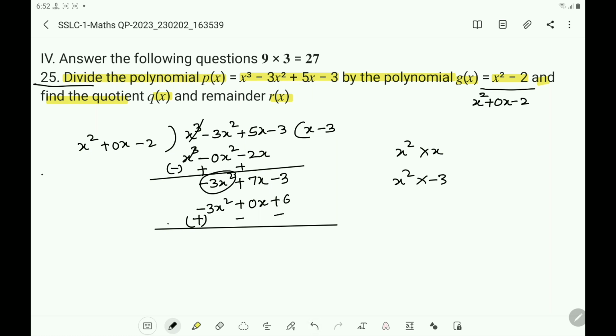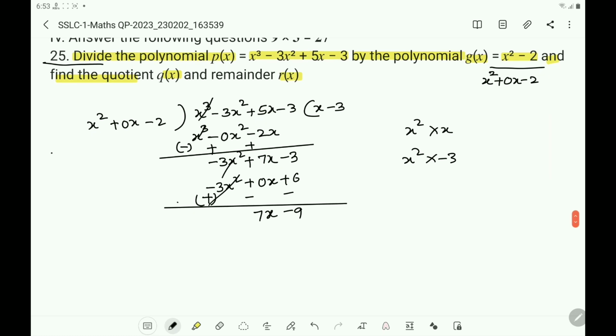Now minus 3x square and plus 3x square cancels. Then 7x minus 0x. 7 minus 0 is 7 only. Then you write 7x. Minus 3 minus 6. Minus 3 minus 6 is minus 9.